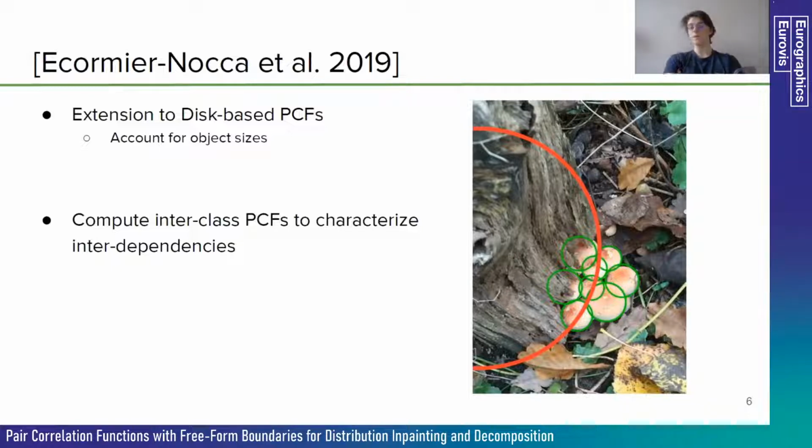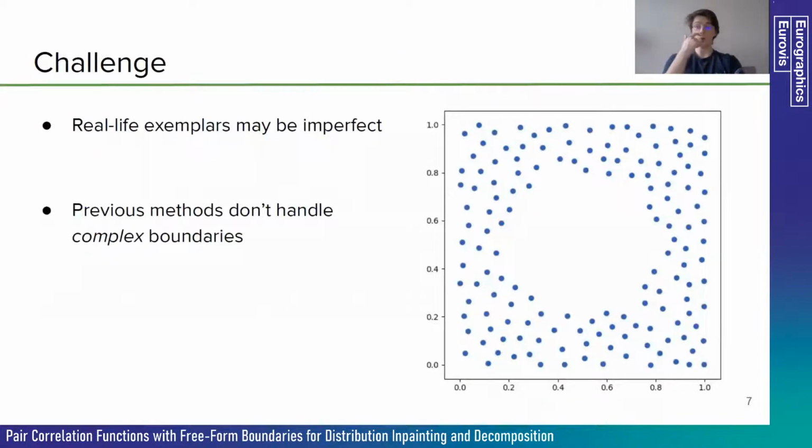However, they still rely on the assumption that the examples are rectangular and without discontinuities. Other methods simply don't handle boundary effects since they assume that the domain they consider is large enough to neglect this effect. This is going to be our focus here.